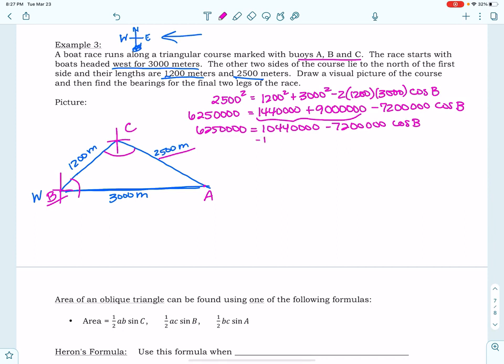Okay, now remember, we have to subtract this from both sides. And that ends up giving me, it should be a negative. And it is. You're supposed to get a negative here. See how that's negative? You need to be dividing by a negative to change it to a positive. So if you don't get a negative when you subtract over here, you've done something horribly wrong.